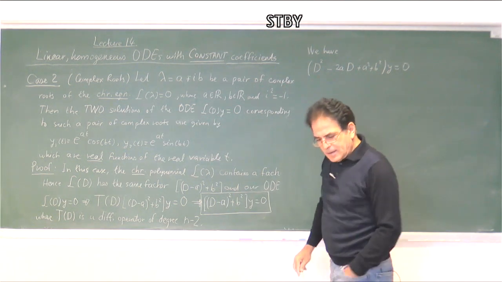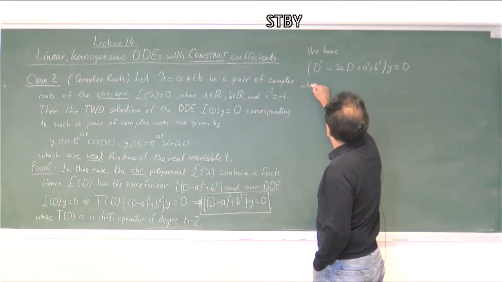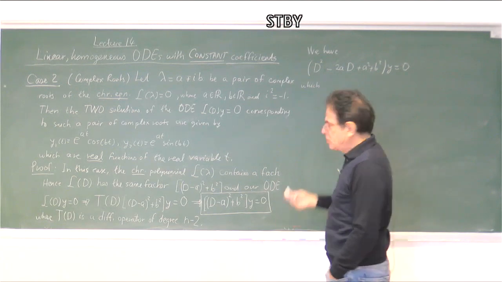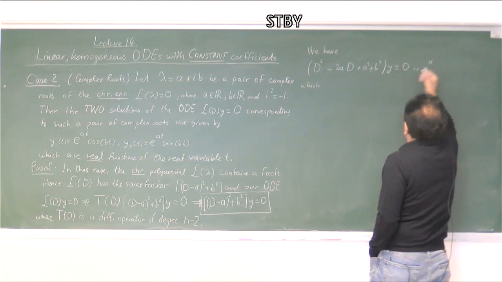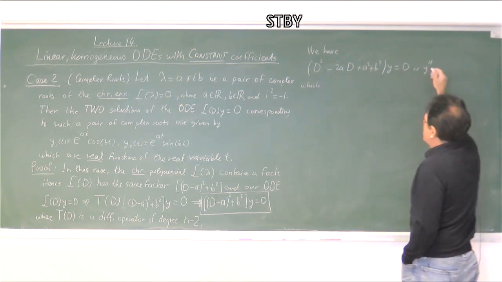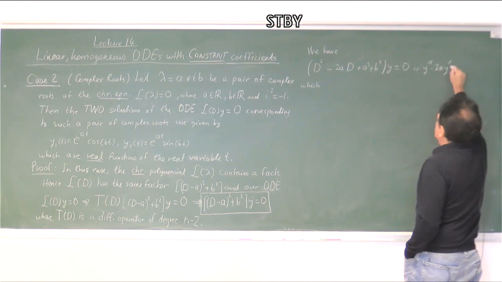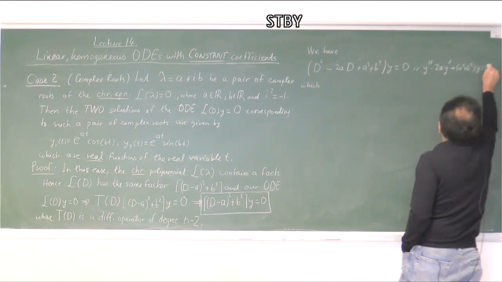Okay. Written in the prime notation, y double prime minus 2a y prime plus a squared plus b squared y is 0.